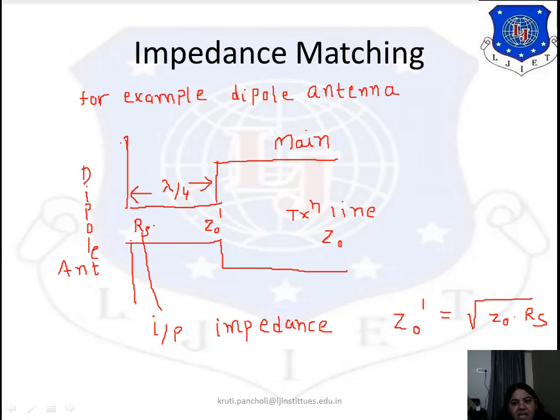We can match it when the Z0 dash value is equal to the square root of Z0 into Rs.